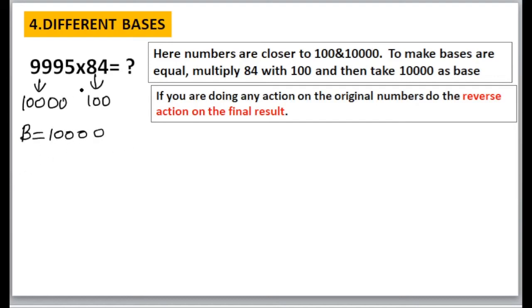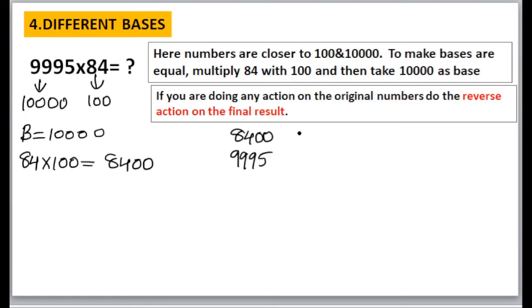But 84 is far away from 10,000, so you will multiply it with 100. So the number will be 8400. So your numbers are 8400 and 9,995. So 8400 is 1600 less than 10,000 and 9995 is 5 less than 10,000.